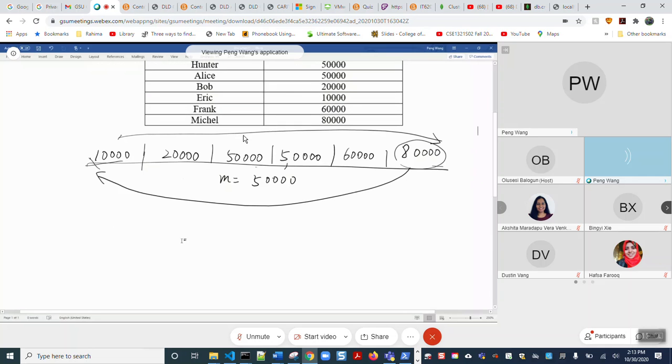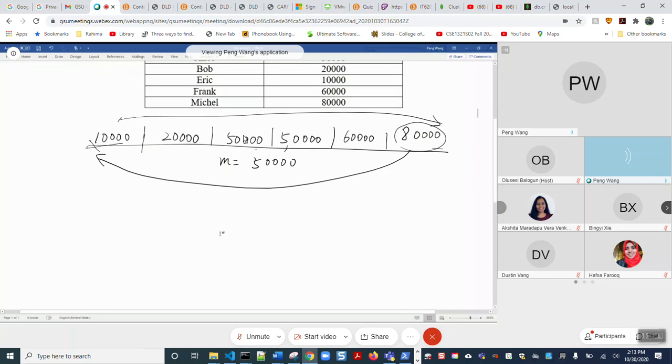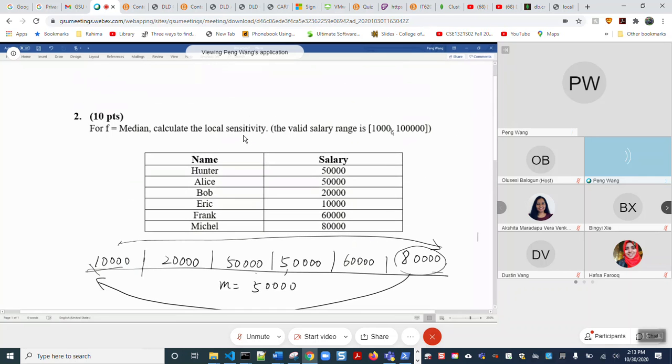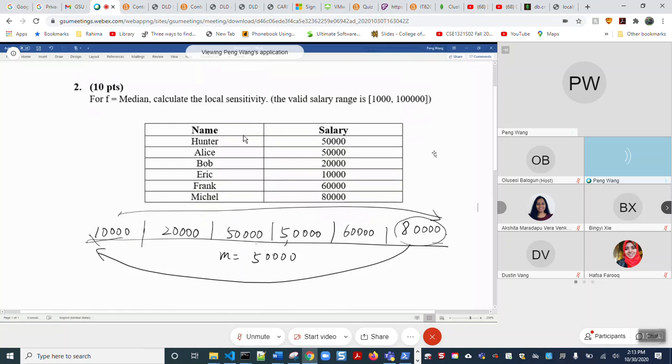Here we can try to modify it. First of all, we try to modify this 10,000 to the maximum, for example, 100,000.